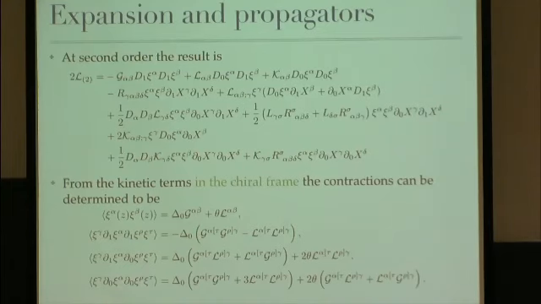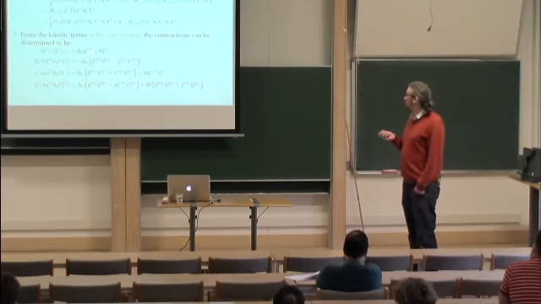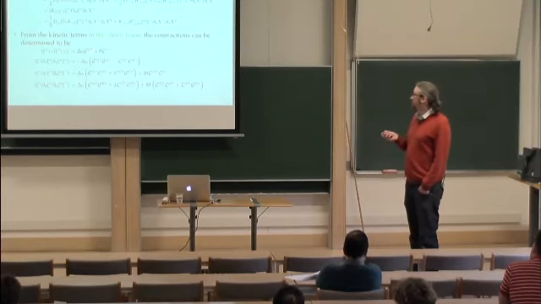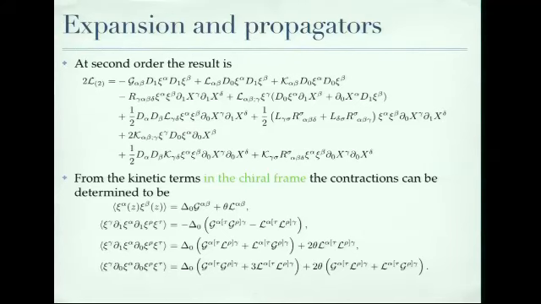So all we do is work out all the contractions, and here using these rules we also have to take this second order Lagrangian squared, so that's where these contractions come in as well. So here this delta naught is the ordinary divergent piece of the propagator, and we've also included here this theta, which is not divergent, but it's ambiguous.